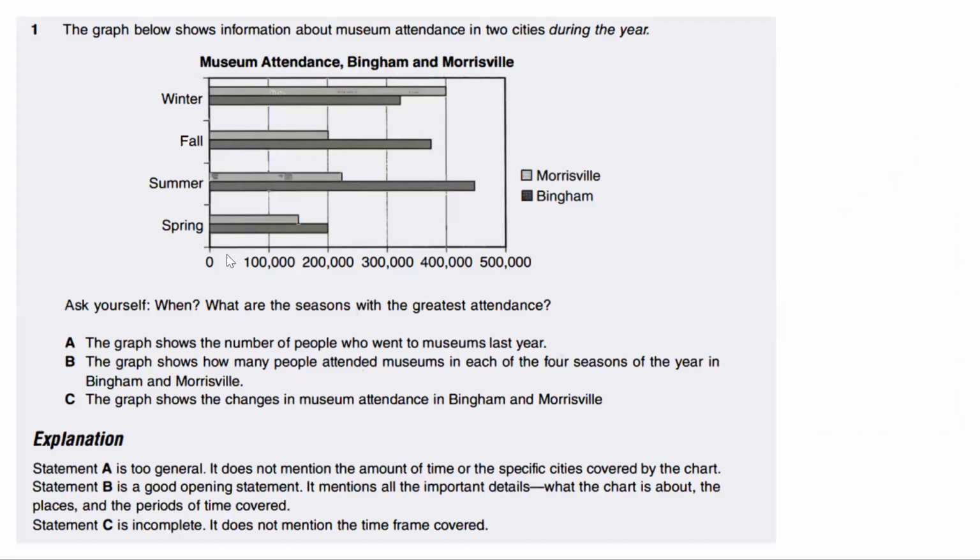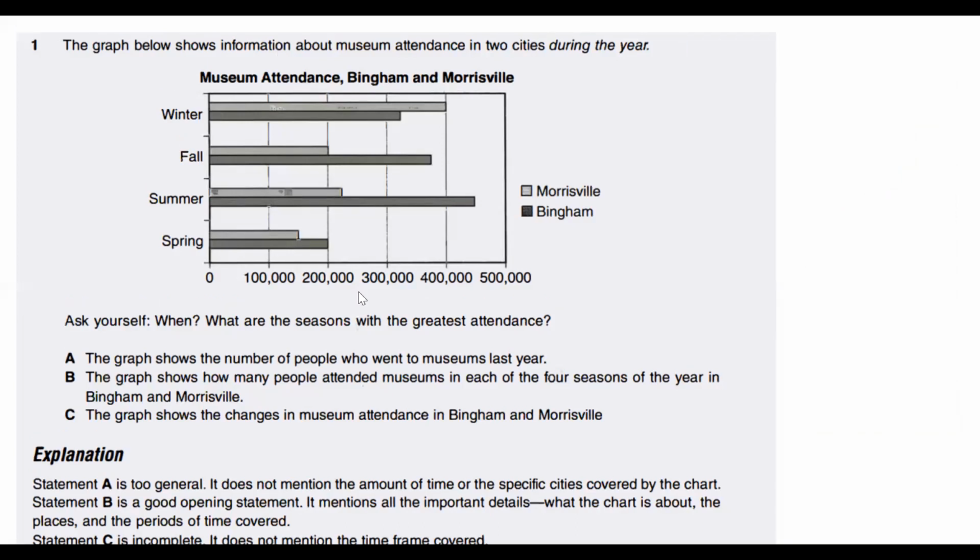Have a look again, this graph. Oh, I guess we were talking about this graph, right? Maybe. I forgot. Well, so if you look at these possible introductions A, B, C, pause the video, look properly, read properly, and you will understand that B is the best introduction here, while A is too general.